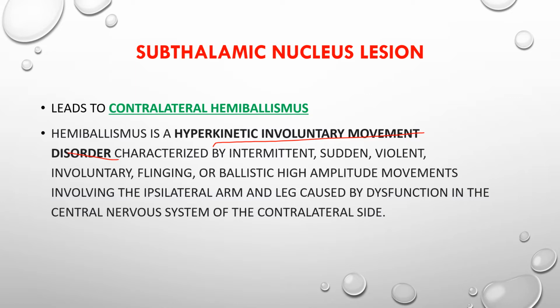It is characterized by intermittent, sudden, violent, involuntary, flinging or ballistic high amplitude movements involving the ipsilateral arm and leg, caused by dysfunction in the central nervous system of the contralateral side.